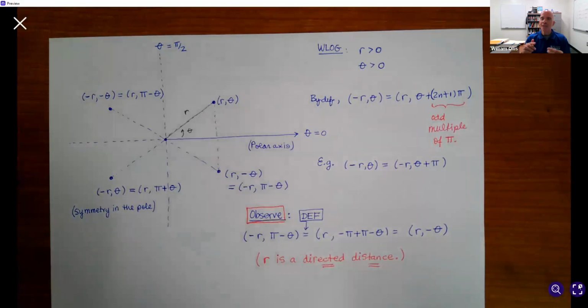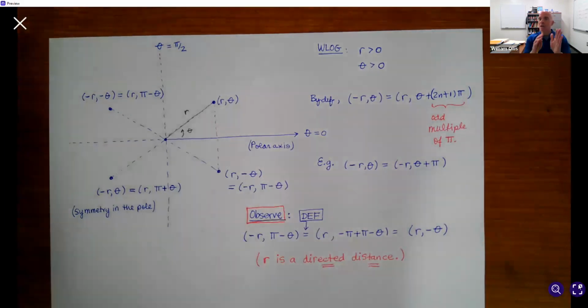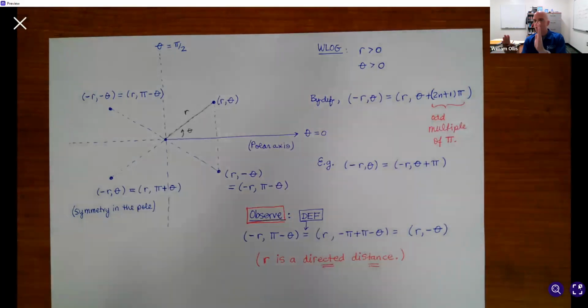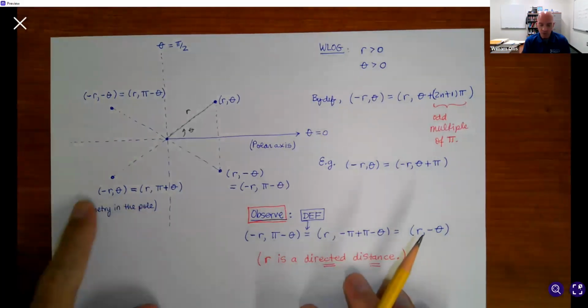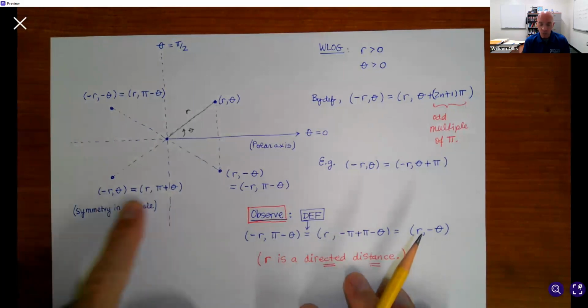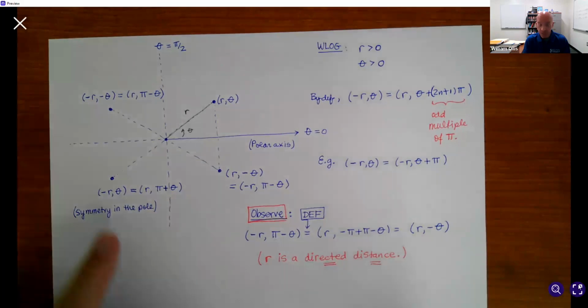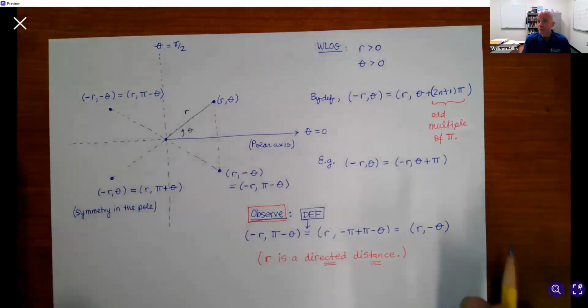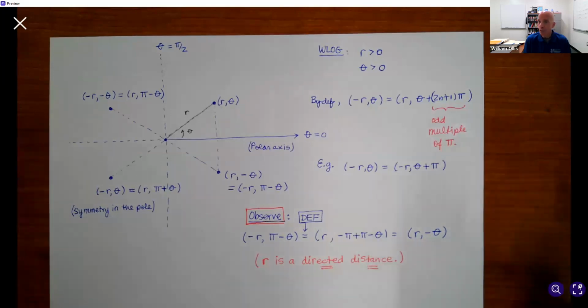And then we can take the definition of the additive inverse of R and transform that into R with no additive inverse with the adjusted angle. And so if we wanted to check symmetry in the pole, we could check these coordinate pairs to see if there was no change in the actual polar equation.